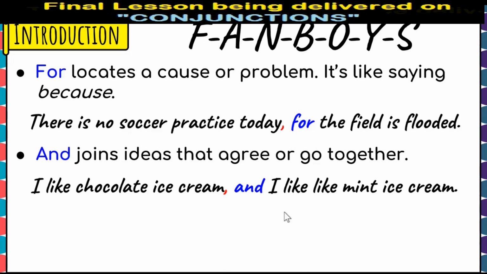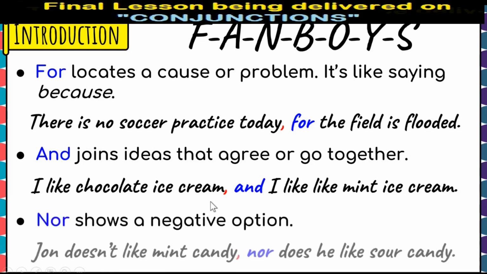What do you think the N is? We just read the word N stands for. Anyone can give me the answer? Very good. N stands for nor. And nor is a negative option. It shows a negative option.